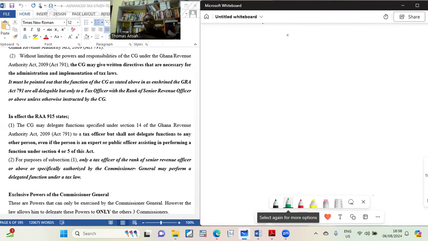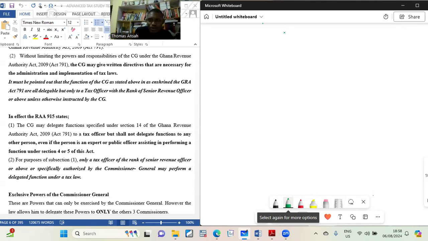Those of you who don't know the senior revenue officers, if you go to any GRA office, whether it is Bogatanga or the GRA offices in every place, there is a leader of that building, that office. He is called the senior revenue officer. He also has some powers, certain things he can do that are delegated to him by the Commissioner General.